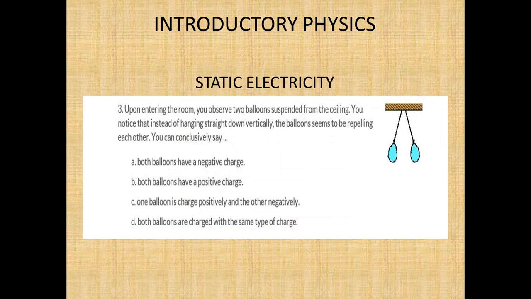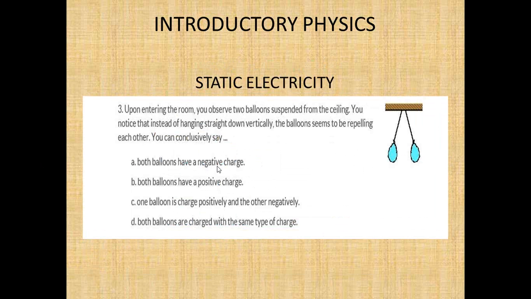You're going to get a negatively charged balloon because you're going to transfer electrons to the balloon surface. You can also create a positive charge as well. But in this experiment, we don't know the charge. We just know that these 2 balloons repel each other. What can you say conclusively?